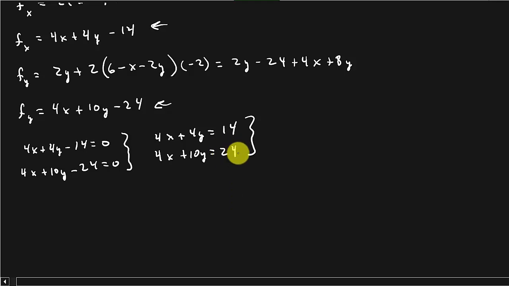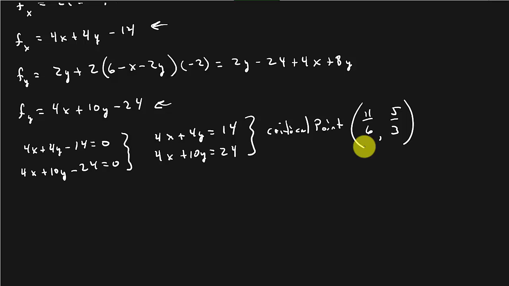You can use the addition method, and you're going to get your critical point is going to be 11/6, 5/3. That's what you should get when you solve for x and y. You should know how to solve that. If you can't solve that, then you're not going to be very successful in this calculus class.